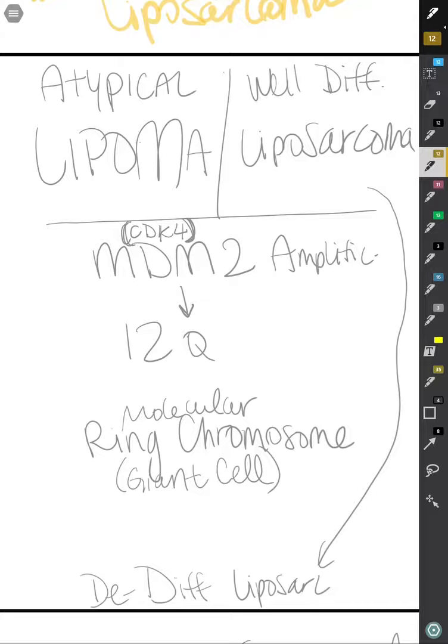So having this increased fibrous septa, some cells can be a little bit more pleomorphic or angulated, but overall, there's not a whole lot of lipoblasts or anything because this is very well differentiated, meaning it's a mature tumor.